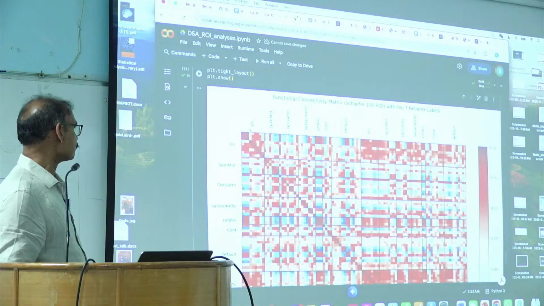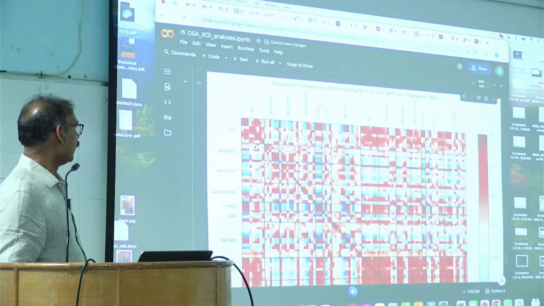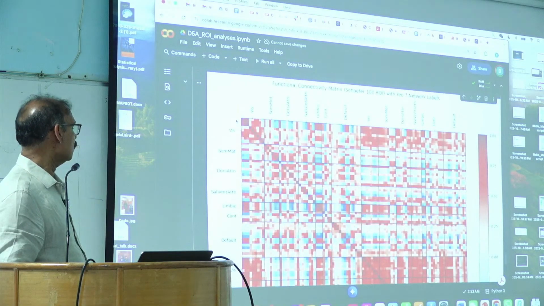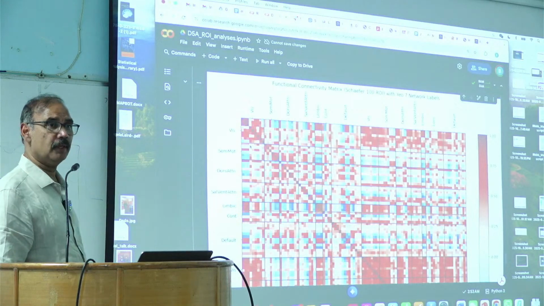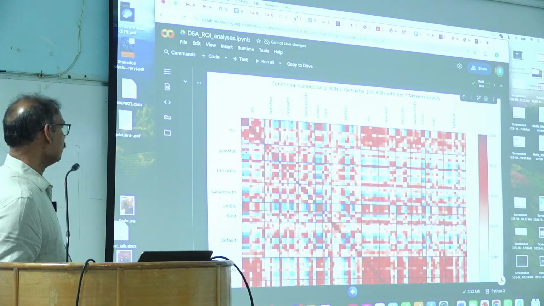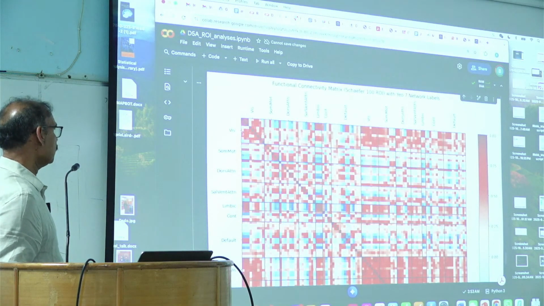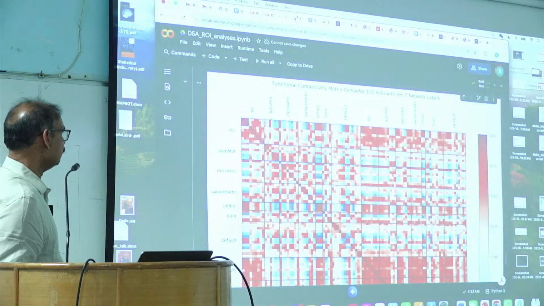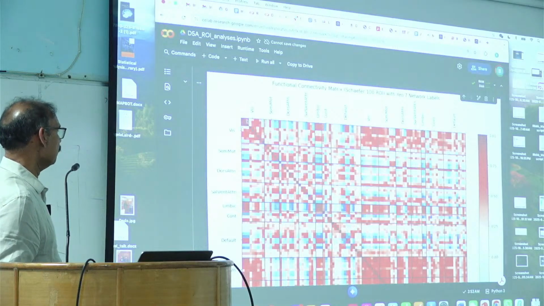So this way you can find how, between the different visual regions, there is connection. You can see this is the visual region, so this is more connected to itself, so this is more high, right?